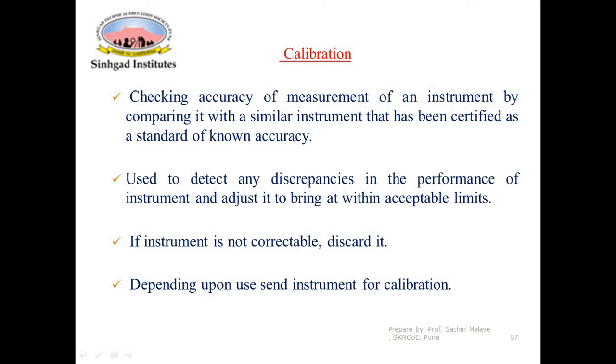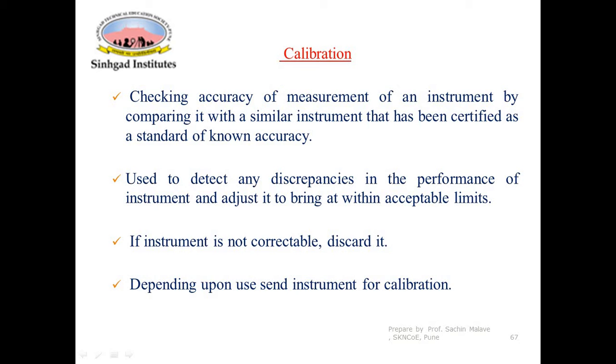So what the calibration lab does, if they find that there are discrepancies in the performance of the instrument, is that if possible they will try to repair it and bring it within the acceptable limits. Many times it may happen that the instrument is repairable.